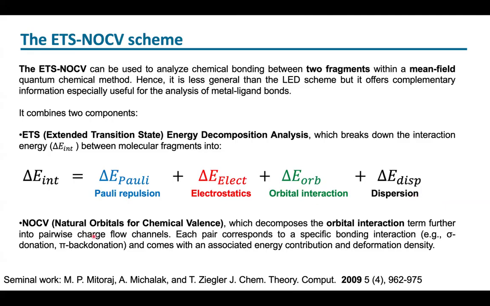Second, we have the NOCV component of the tool, which breaks down the orbital relaxation term into contributions corresponding, for example, to sigma and pi interactions, which help clarify the nature of the bond, again, between a transition metal and its ligand.